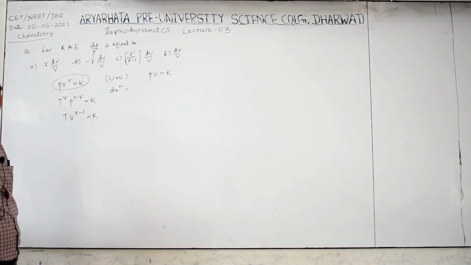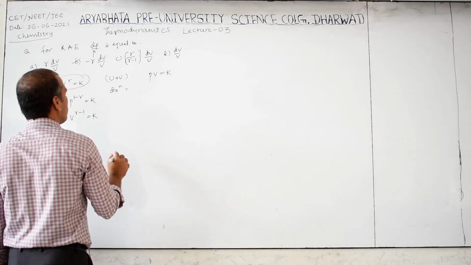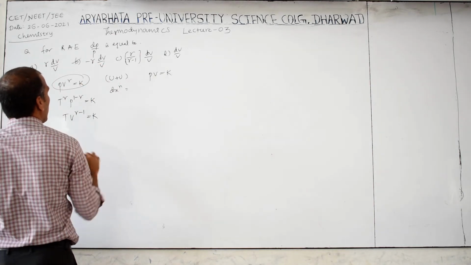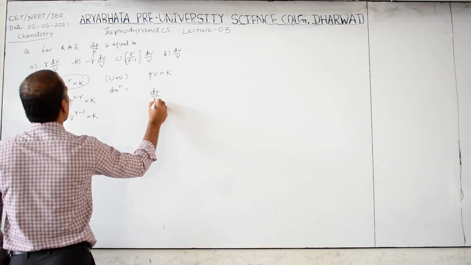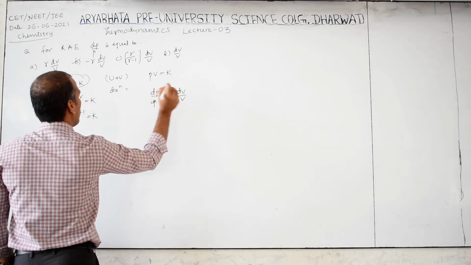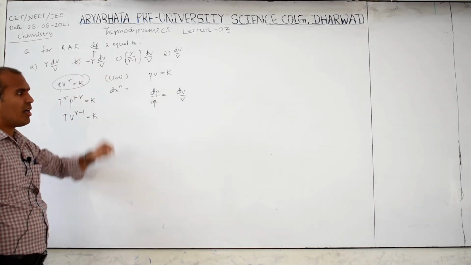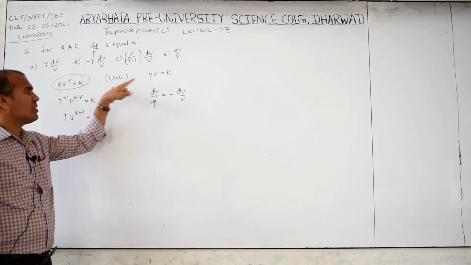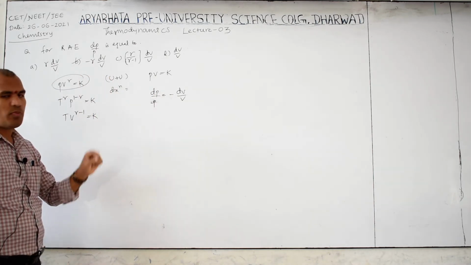In that case you will get dP by P is equal to minus dV by V. Here the extra thing is gamma, and you get the minus sign in both, so take the mod and you get a positive answer.